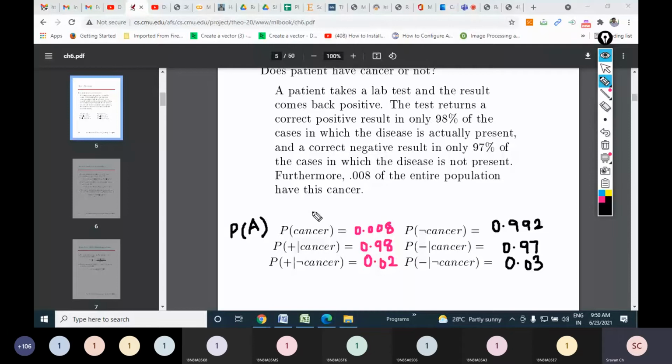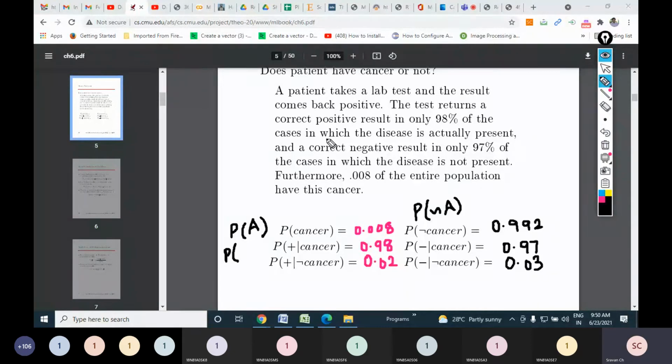Now what is this P of negation of cancer? Probability of not having cancer. I am trying to simplify this. Now this one is plus given cancer, a probability. There are two things, my dear friends. Yesterday in the beginning I told you there are two things: one is an event, another is the condition.